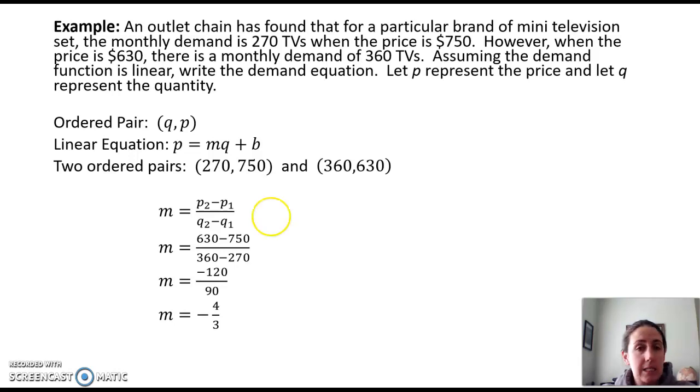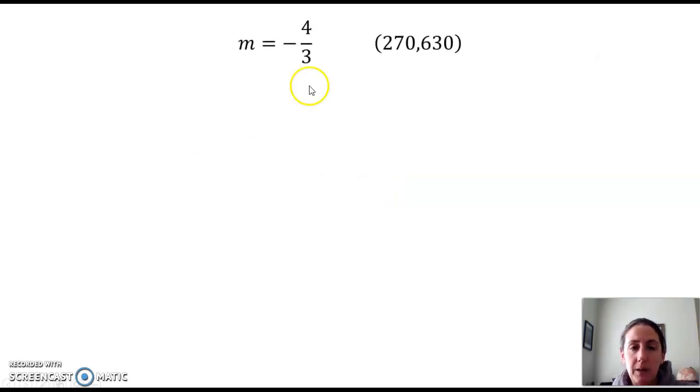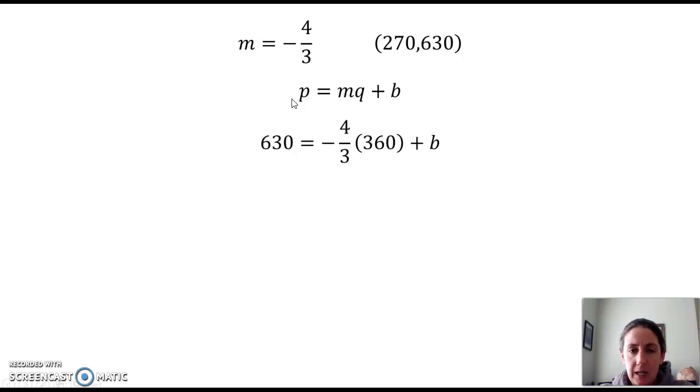Pick a point. It doesn't matter which point you pick. They're both on the same line, so they're both going to give you the same equation. So you can choose this point or this point. It doesn't matter. So I'm going to use that slope of negative 4/3 and the point 270, 630. And I'm going to find my p equals mq plus b. So I'll plug in m, q, and p and solve for b.